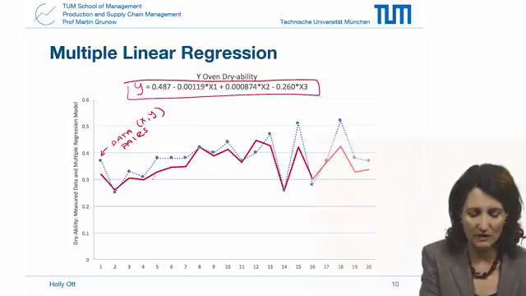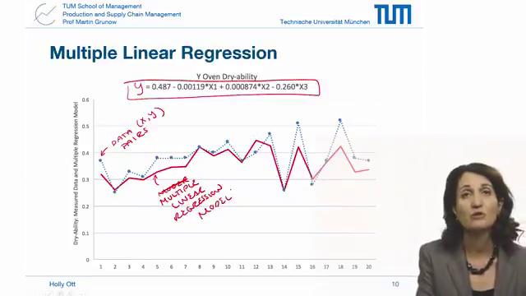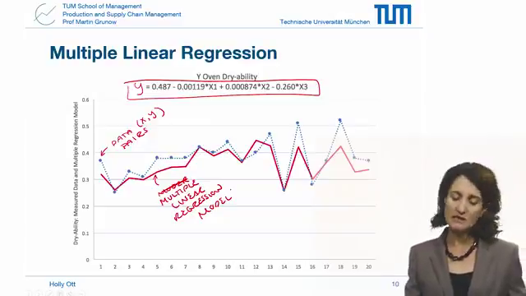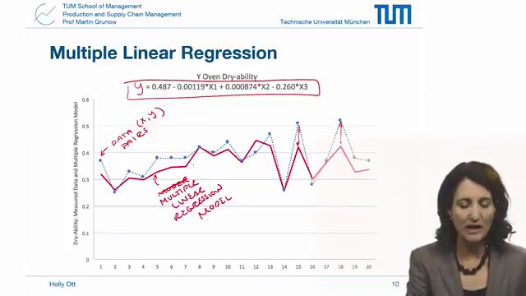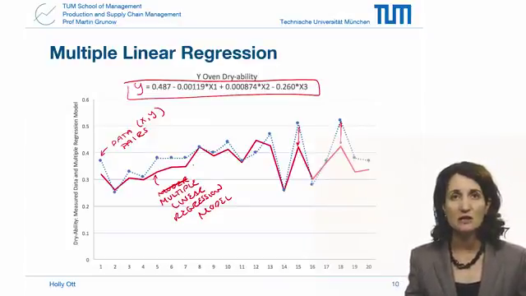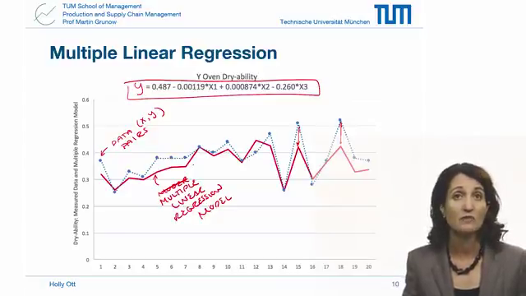And the model is in red, the multiple linear regression model. That's why I drew it without the dots. And you can see you've got some discrepancy in some places, but it's not a bad model. This means that you would be able to change your parameters to optimize the dryability of the oven.